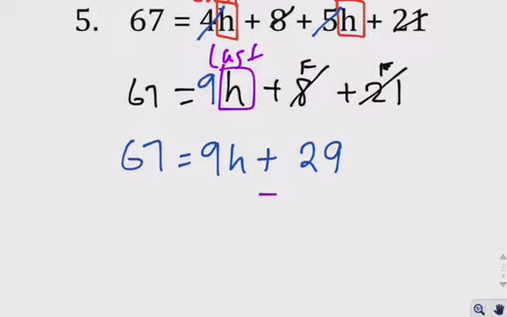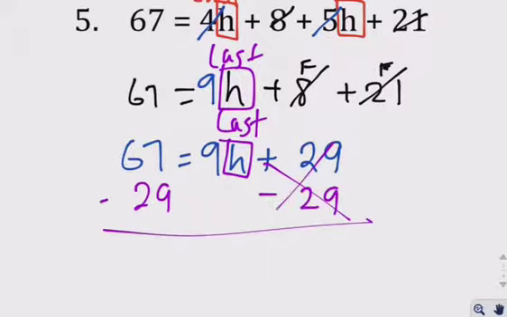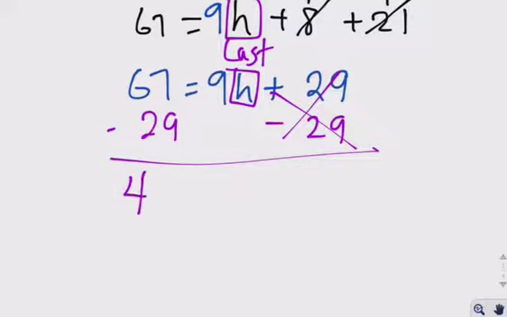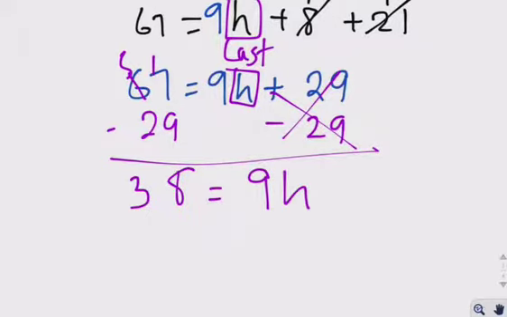Okay, minus 29, because this is last. Minus 29. 67 minus 29 is 38. Divide by 9.